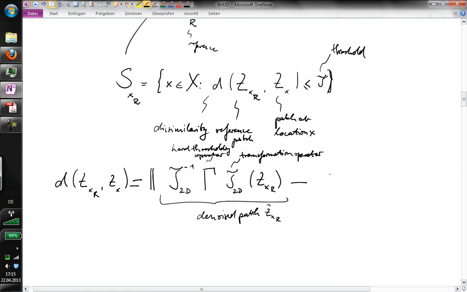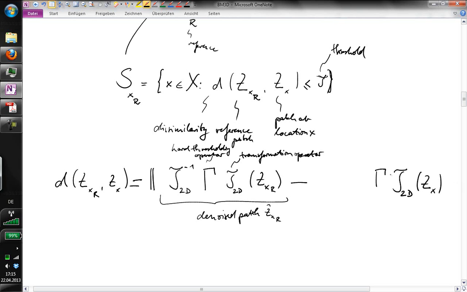So now we do the same for the patch under investigation ZX. These operators, the rightmost operators, are applied first. So I first transform this in 2 dimensions.